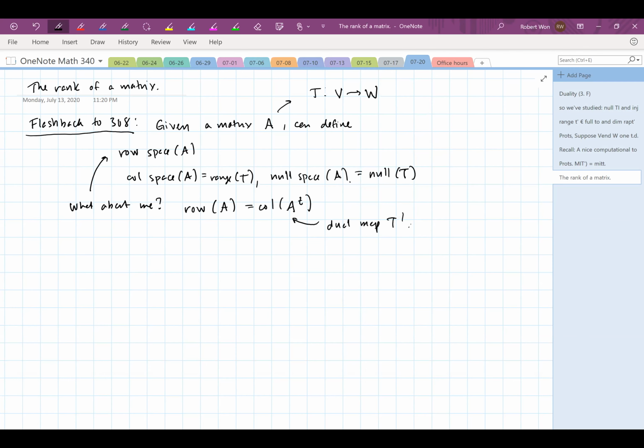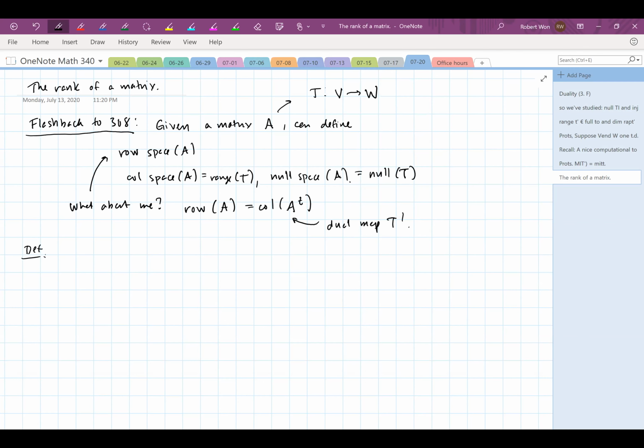Which means that the row space should be related to the range of the dual map. Which is why it's not a thing that you talk about in 308, because all this duality stuff is a level higher than the kind of stuff that you want to deal with in 308. So let's explore this idea a little bit.